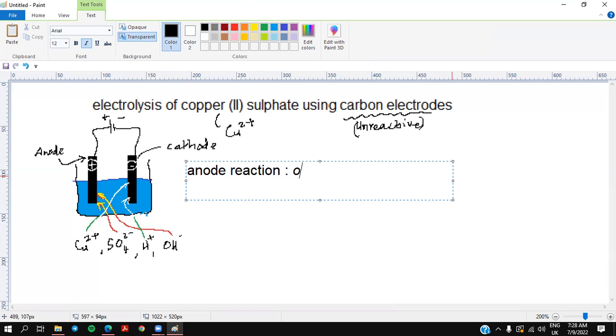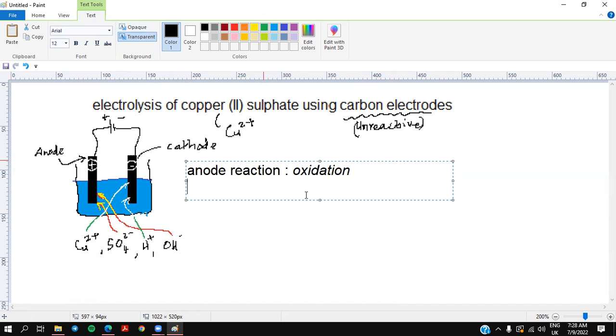Oxidation reaction. Very well. Very nice. Oxidation reaction means removal of electrons. We see what ion is going to react.